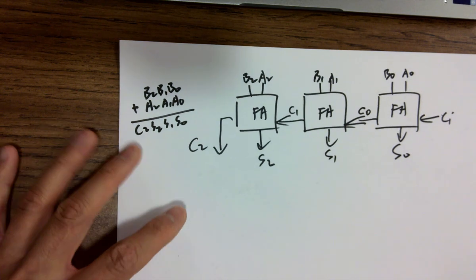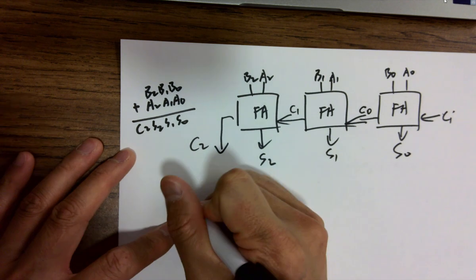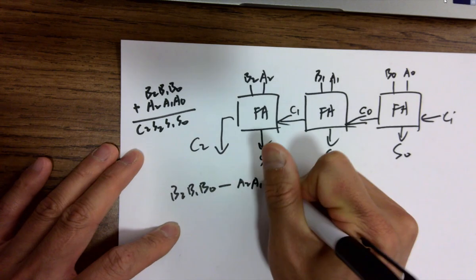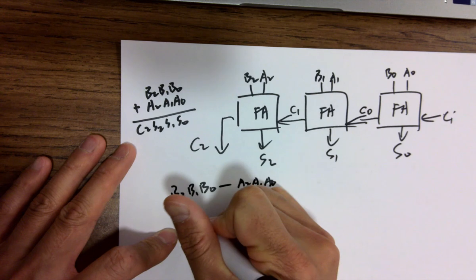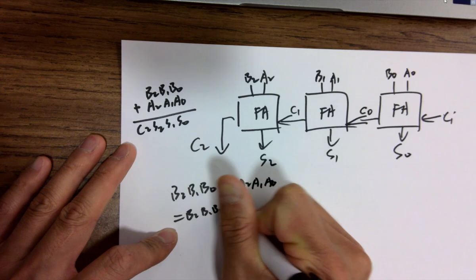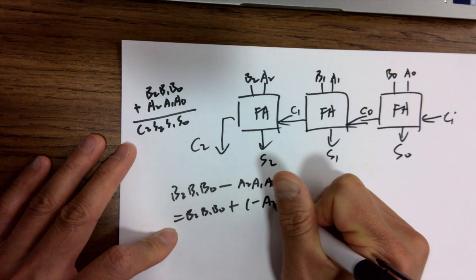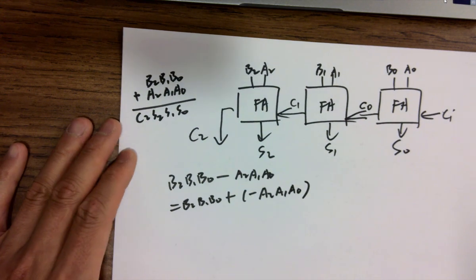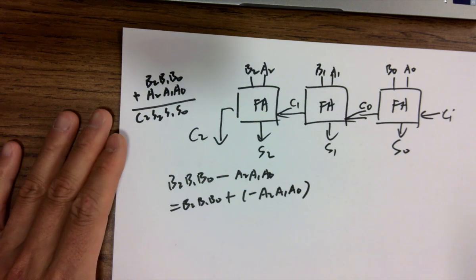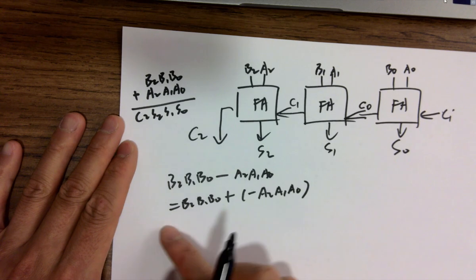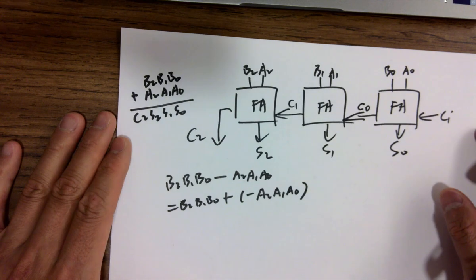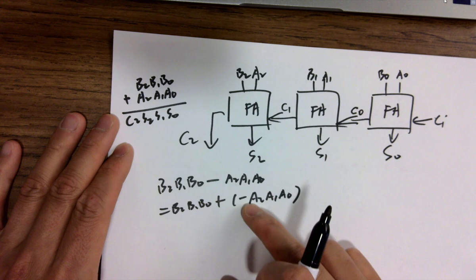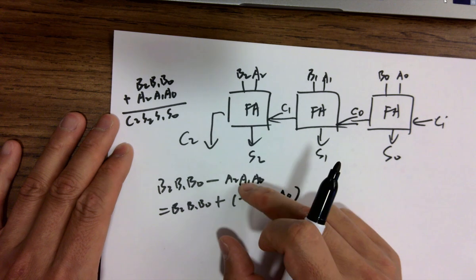All right. Since we know that B2, B1, B0 minus A2, A1, A0 is the same as B2, B1, B0 plus minus A2, A1, A0, and given that we're using 2's complement to represent negative numbers, we can keep using this adder structure to change one of the addends to its negative counterpart, like this one.